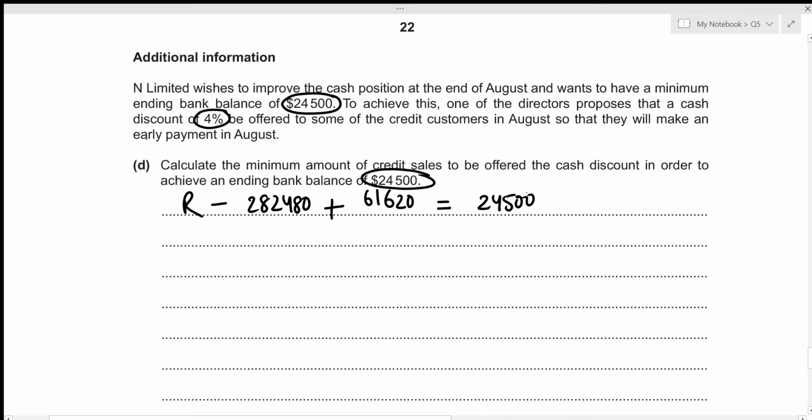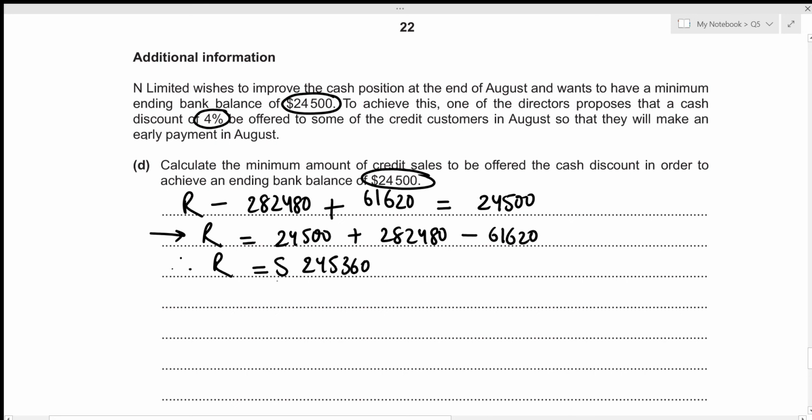So now we can easily figure out our required total receipts. So that's just going to be 24,500 plus 282,480 minus 61,620. So this gives our total receipts, or the new receipts, to be 245,360.